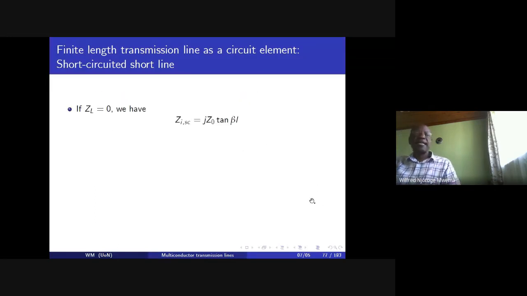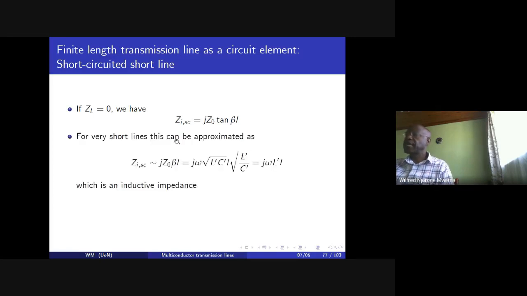Now, if ZL is equal to 0, that is, we short circuit that line at the output end, then we replace ZL by 0 everywhere, and our expression for Zi for that short circuited condition will just be j Z0 tangent of beta L. Depending on the sign of tan beta L, this can either be a capacitance or an inductance.